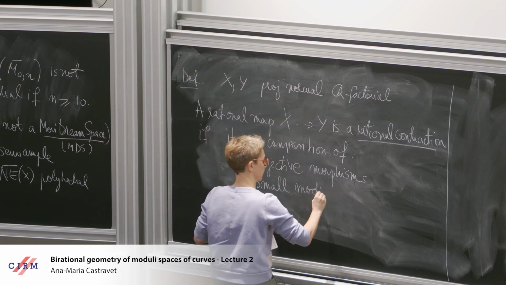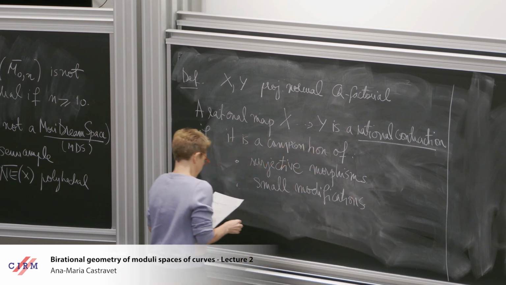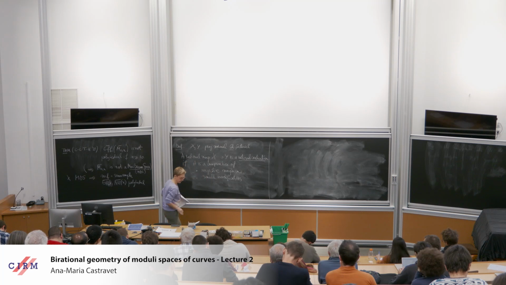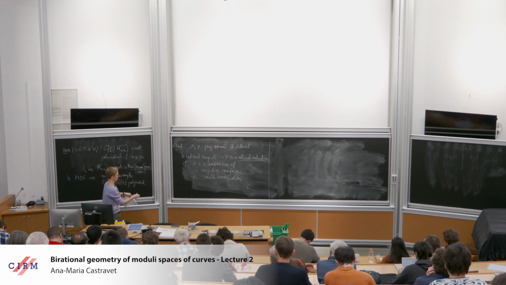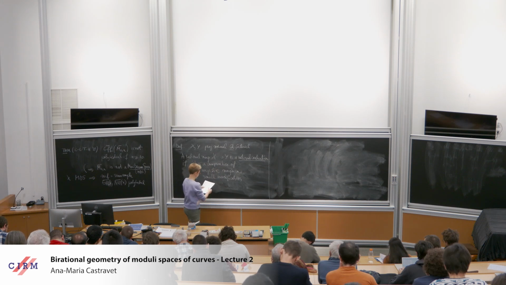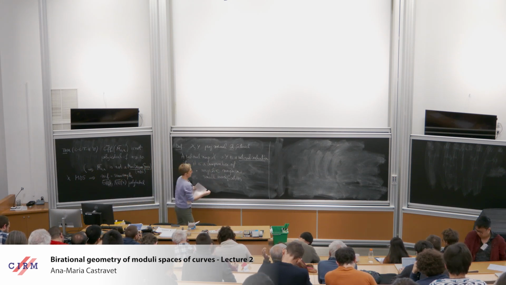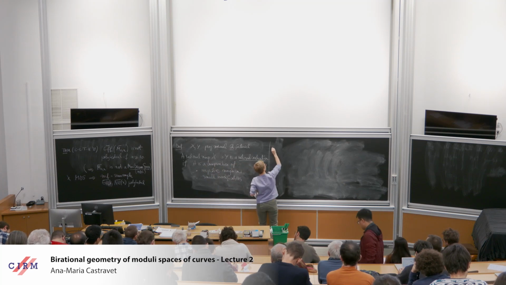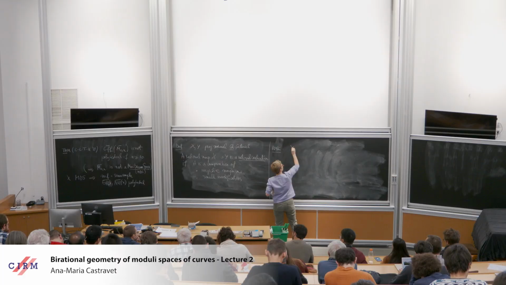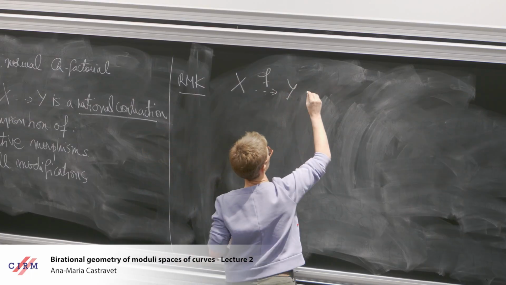So again, always Q-factorial. And it just means here it's an isomorphism in codimension 1. There is an open set with a complement of codimension at least 2, both sides, where the map is an isomorphism. And then the remark, which is putting together results of several different people, is that rational contractions will preserve the properties that we're interested in.